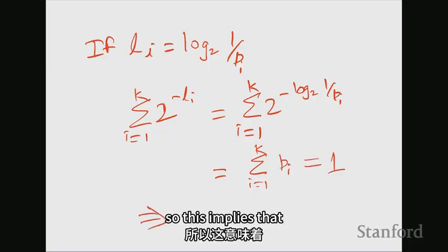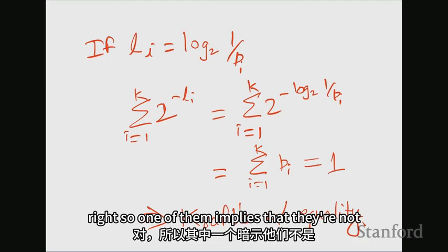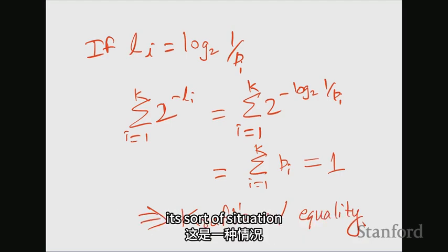So this implies Kraft's with equality. So one of them implies the other, but it doesn't go the other way. I think that's kind of what I was thinking about.